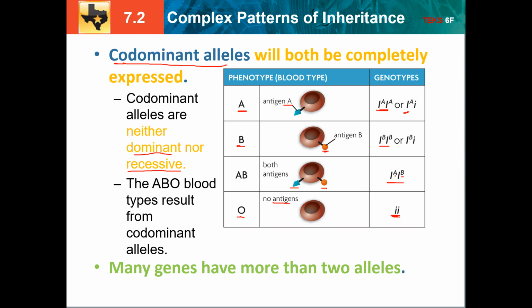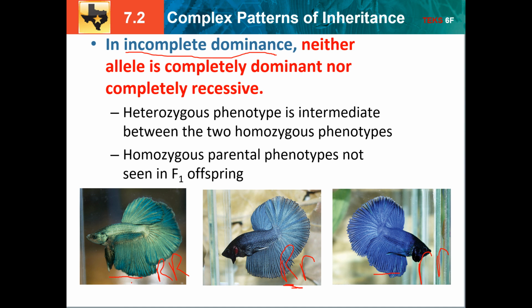What's different about codominance versus incomplete dominance is whenever you look at the heterozygote. So when you look at this AB here, what happens with the AB is you have both of these present. Whereas if I go back to this one, the heterozygote was a mixture, a blending.